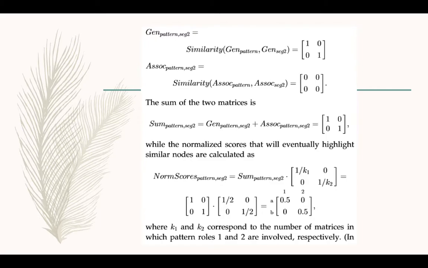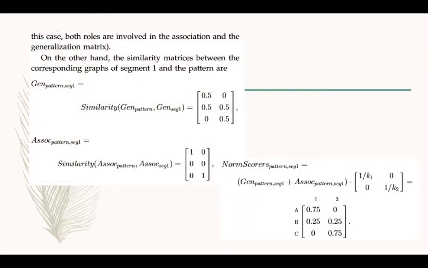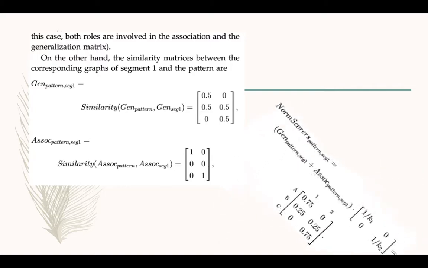The sum of the two matrices you can see there, and the normalized score eventually highlights similar nodes, calculated where K1, K2 correspond to the number of matrices in which pattern rows 1 and 2 are involved respectively. In this case, both rows are involved in the association and generalization matrix. The similarity matrix between the corresponding graph of segment 1 and the pattern, the normalized scores, the solution.